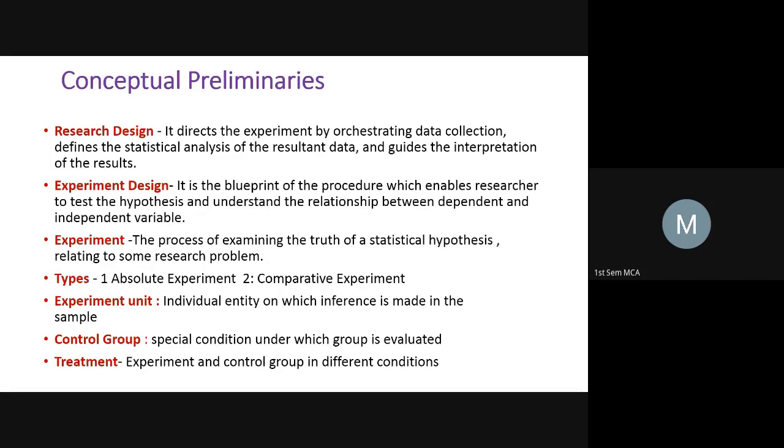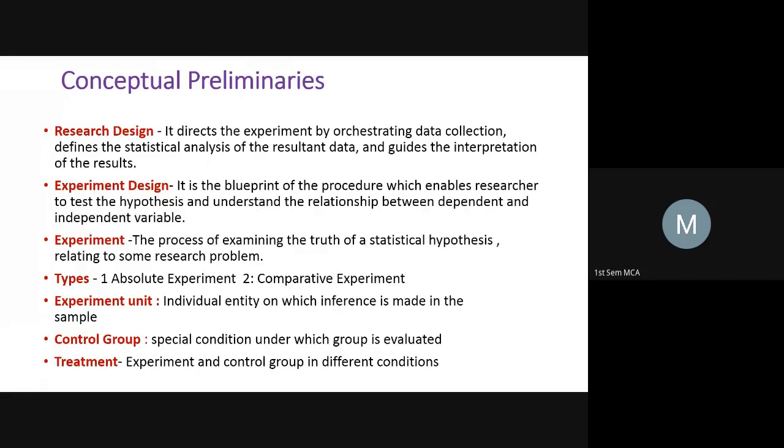If that is applied for a research, then it is called a research design. Probably in the previous class you would have come across the various kinds of designs, like operational design, sampling design, statistical design. Like this, there are many designs available.